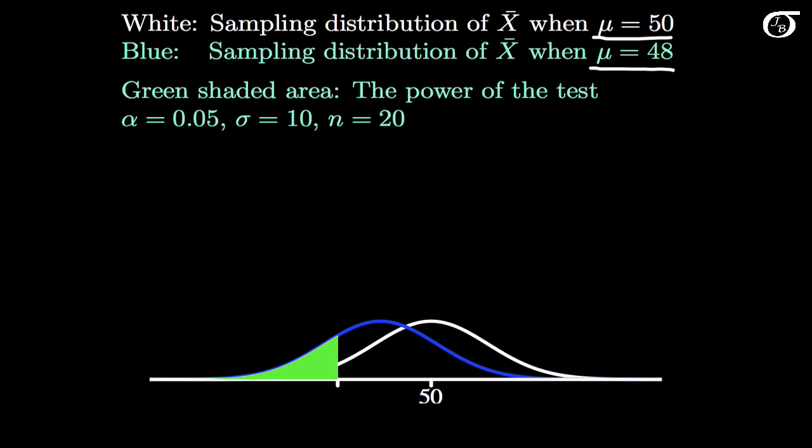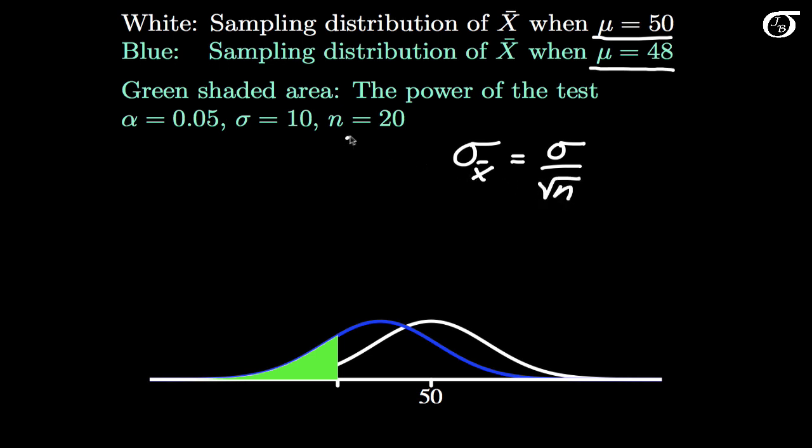I've changed the scaling from previous plots here so that I can keep the scales the same for the different plots I'm about to show you. The standard deviation of the sampling distribution of x bar, sigma x bar, is sigma over the square root of n.